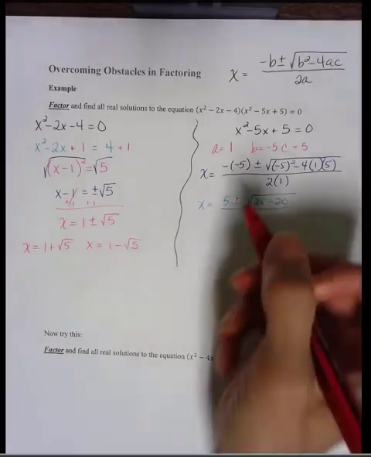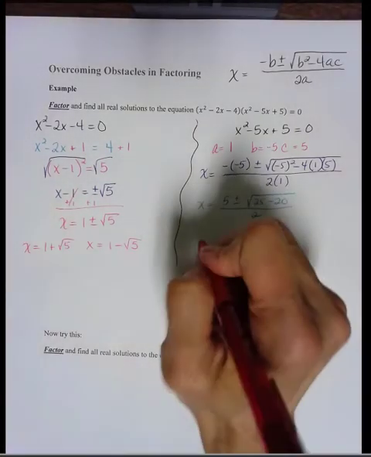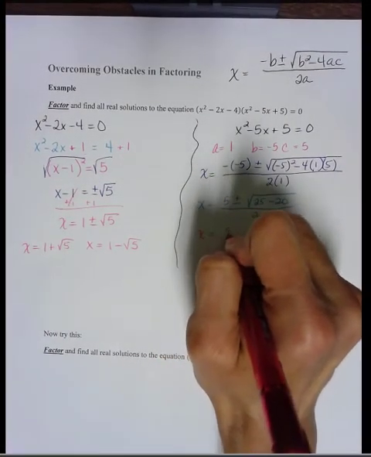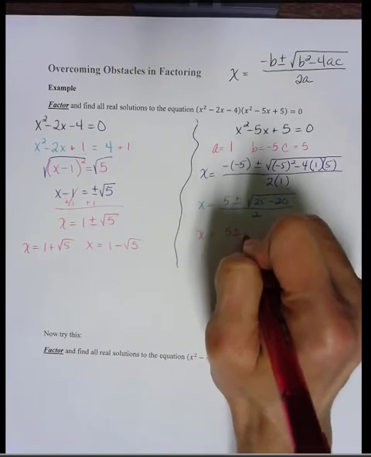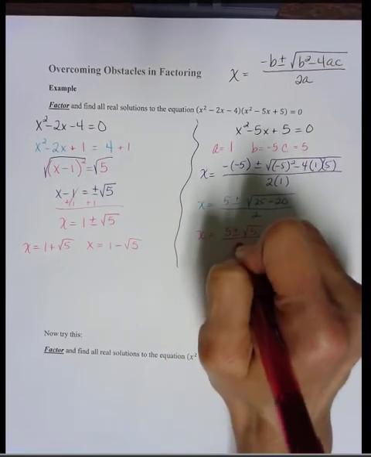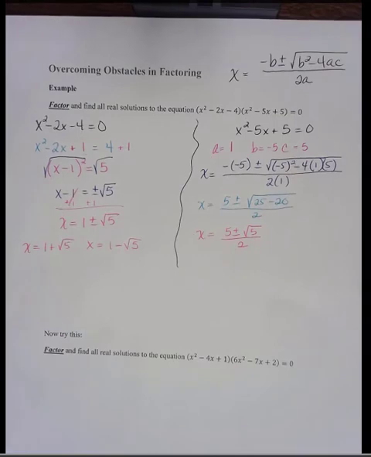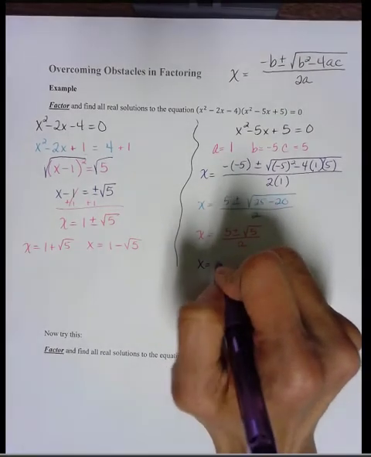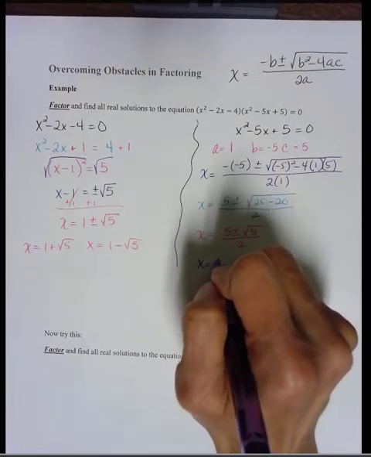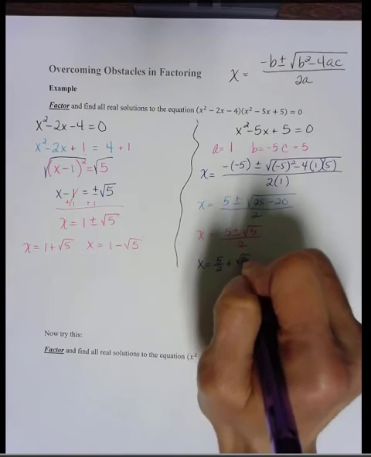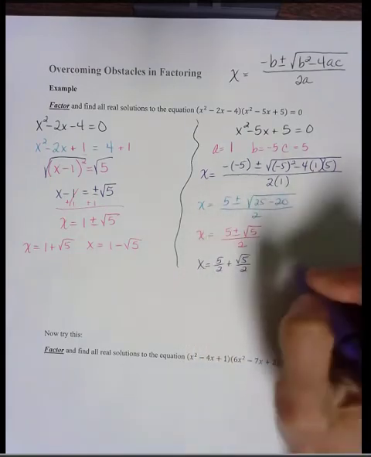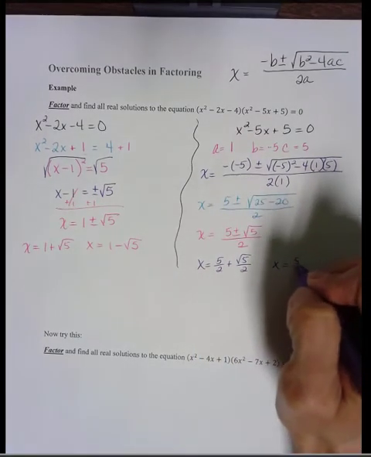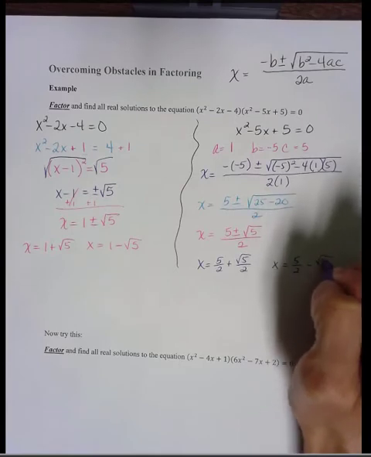Okay, and then we'll go ahead and combine what's under the radical. Okay, and then we'll re-express both of our solutions, okay? So we have x is equal to, let's say, 5/2 plus radical 5 over 2. And then x equals 5 over 2 minus radical 5 over 2.